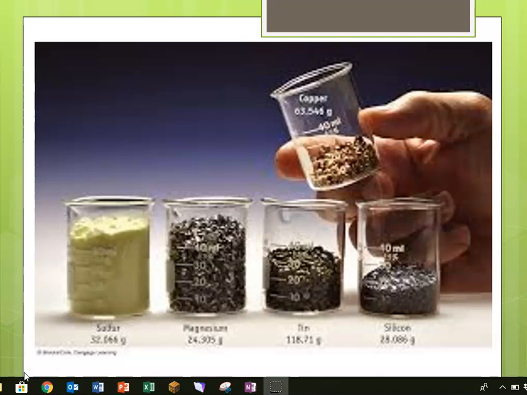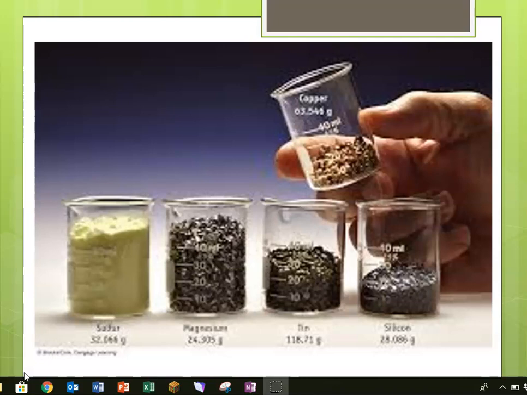So on the left, in that yellowy one, is 1 mole, that is 6.022 times 10 to the power of 23, 1 mole of sulfur atoms, and it weighs 32.066 grams. And in terms of volume, it's around about 50 mils, 50 cubic centimeters of volume.